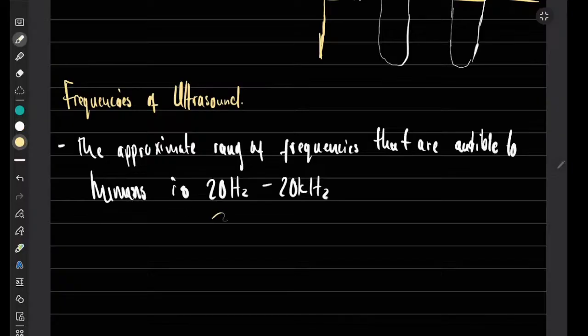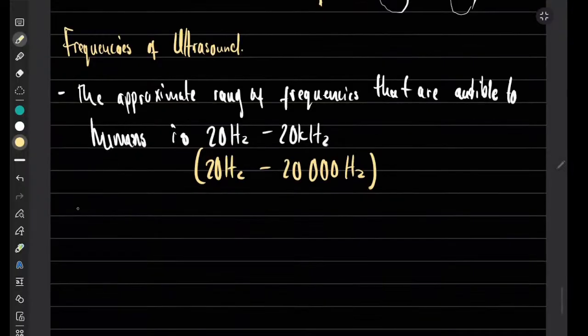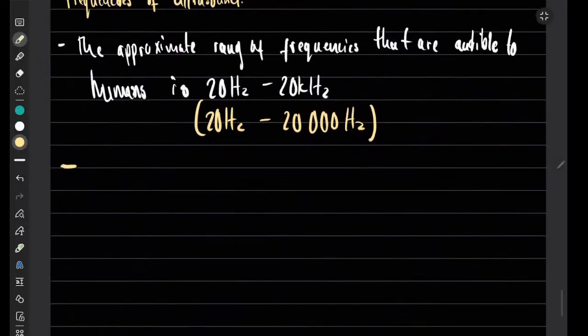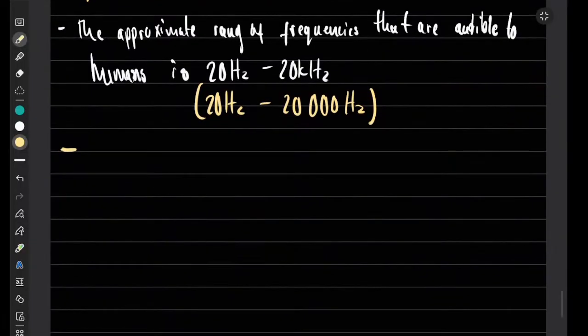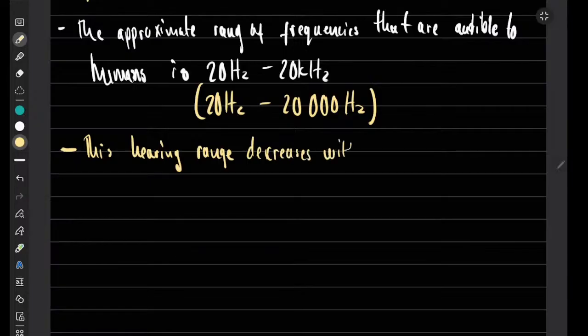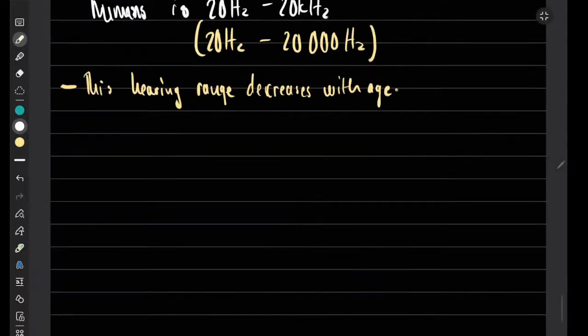In other words, 20 hertz to 20,000 hertz, because kilo is 1,000. This is the audible range of a human being. This hearing range decreases with age. You can talk to your grandfather and they may not be able to hear you, because their hearing range is now reduced.